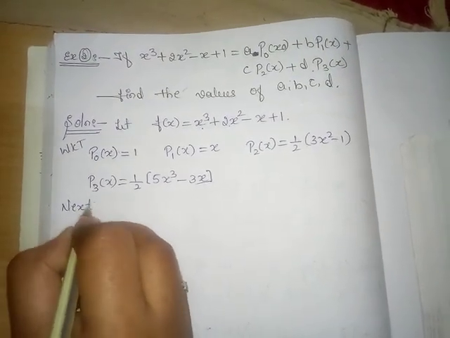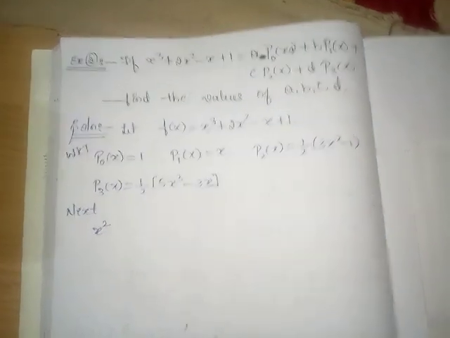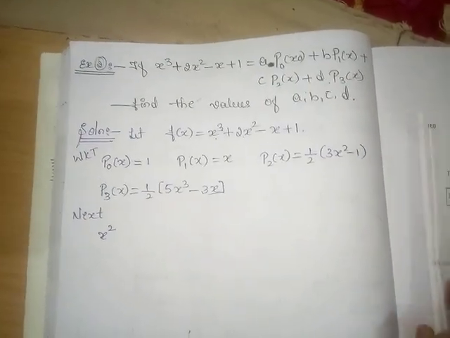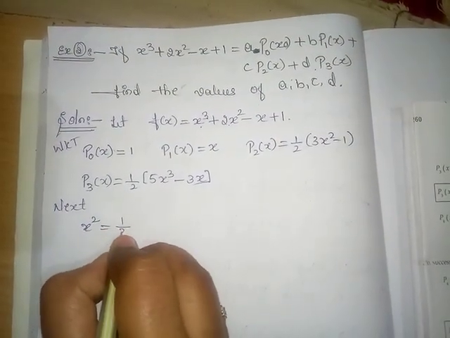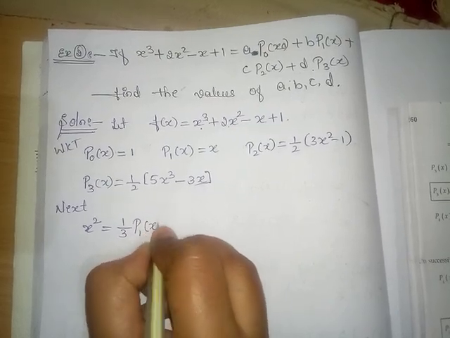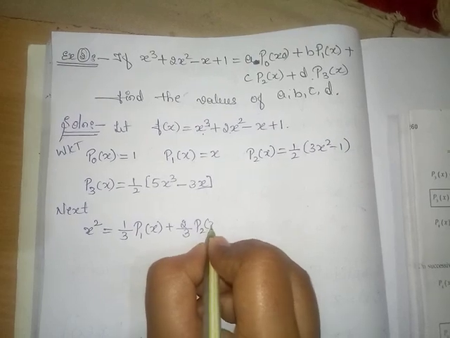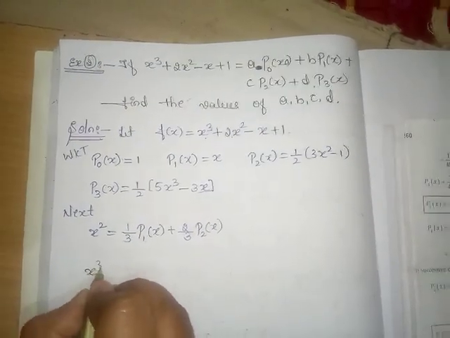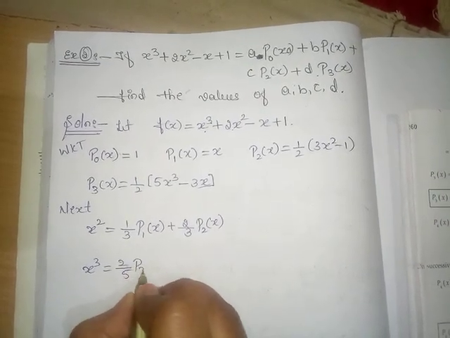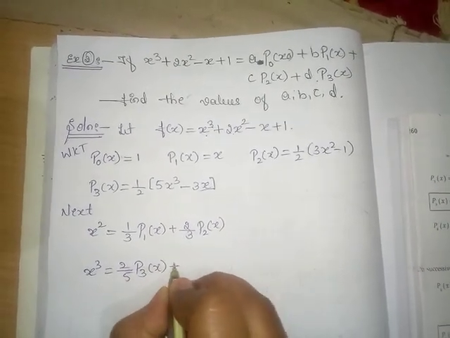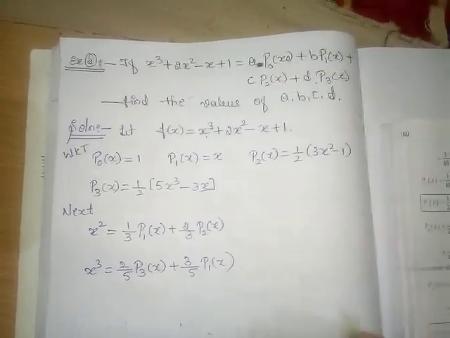Next step is we have to write x square and x cube in terms of Legendre polynomials. Second step: x square is equal to 1 by 3 into P naught of x plus 2 by 3 into P2 of x, and x cube is 2 by 5 into P3 of x plus 3 by 5 into P1 of x.